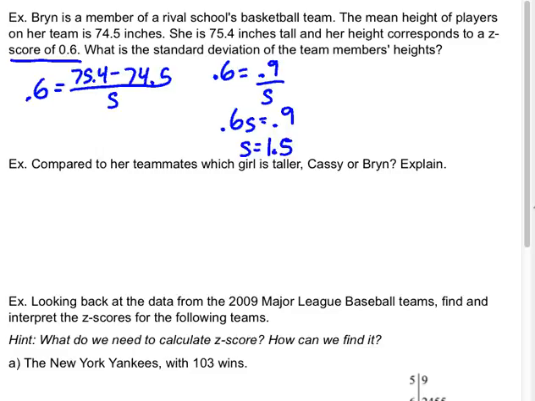And it gives me that her team had a standard deviation of 1.5. So you can be asked to do various things with this formula. The important thing, obviously, is understanding how the formula works.